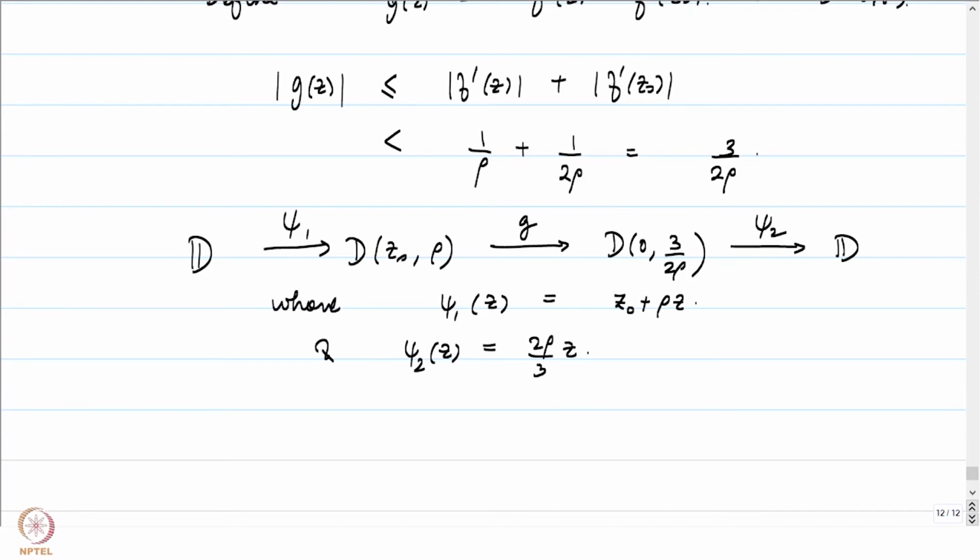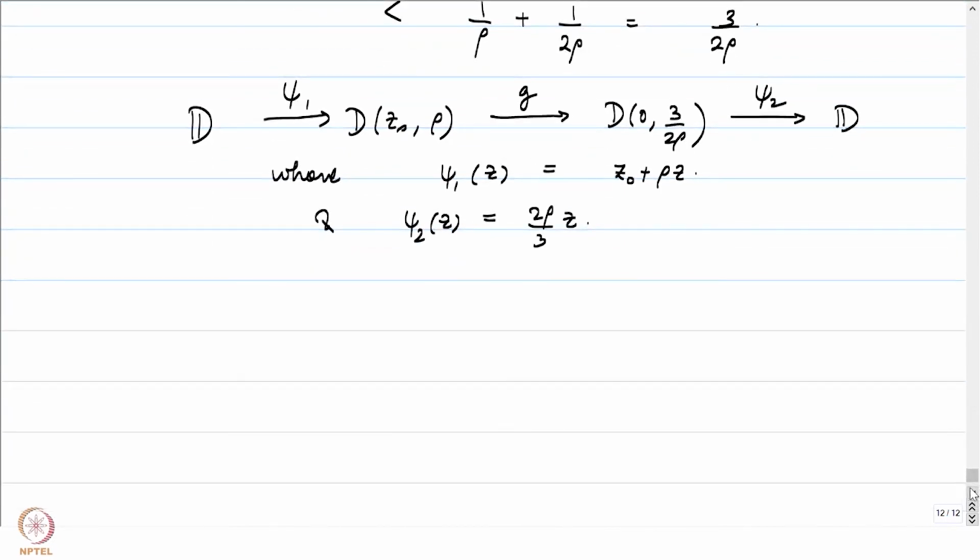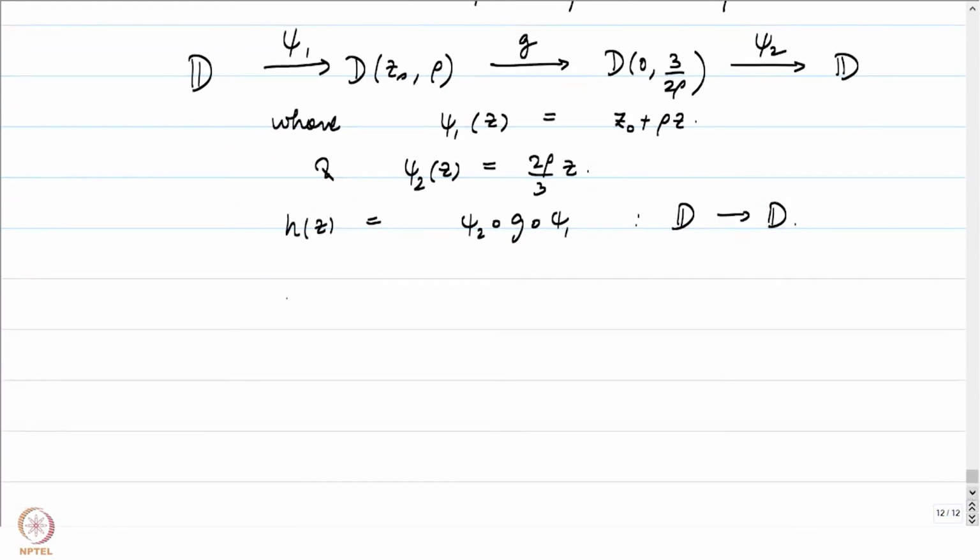So if you consider these two maps, we have a composition of holomorphic maps, h of z defined to be psi 2 composed with g composed with psi 1, which is now a map from D to D, which maps 0 to 0.